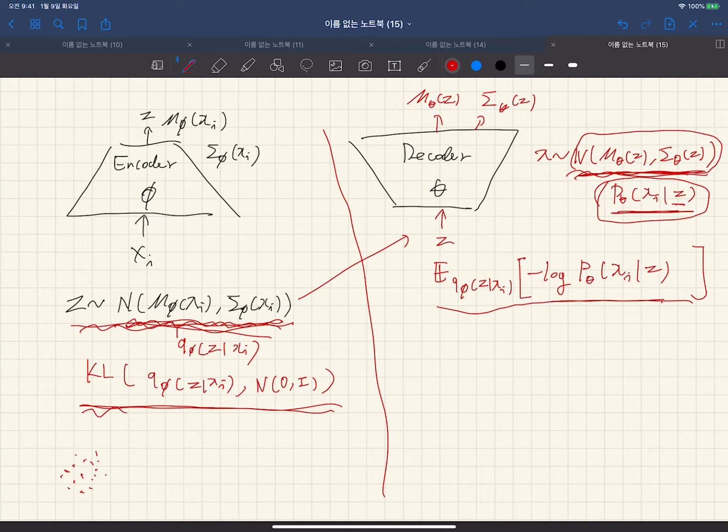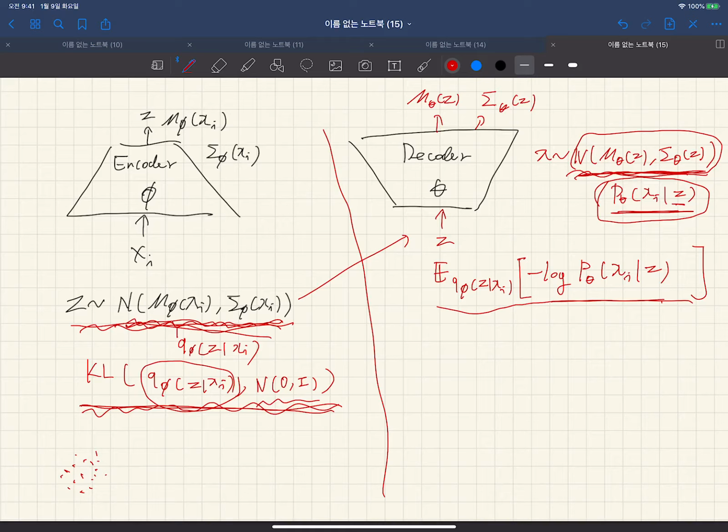But here the cost function or loss function, the meaning of the cost function and loss function is we want to make the conditional latent variable distribution for a given one single data point to be close to normal distribution with mean zero and identity covariance matrix. So this is a little bit weird and a little bit too strong cost function.